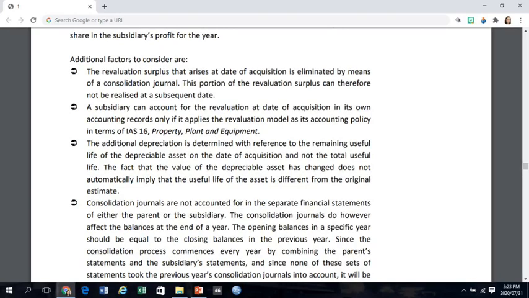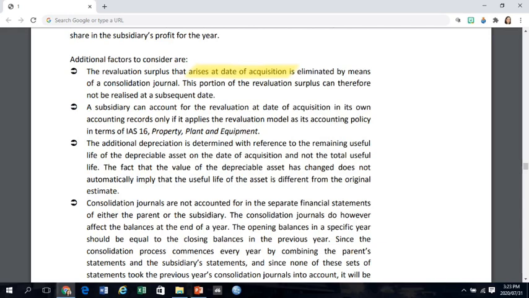Some additional factors to consider. The revaluation surplus that arises at date of acquisition because of this necessary value adjustment to your property, plant and equipment eliminates in the group through the at acquisition consolidation journal entry. So whether it existed in the separate financial statements of S or whether it was created through a consolidation journal entry, the at acquisition equity of the subsidiary eliminates in full.